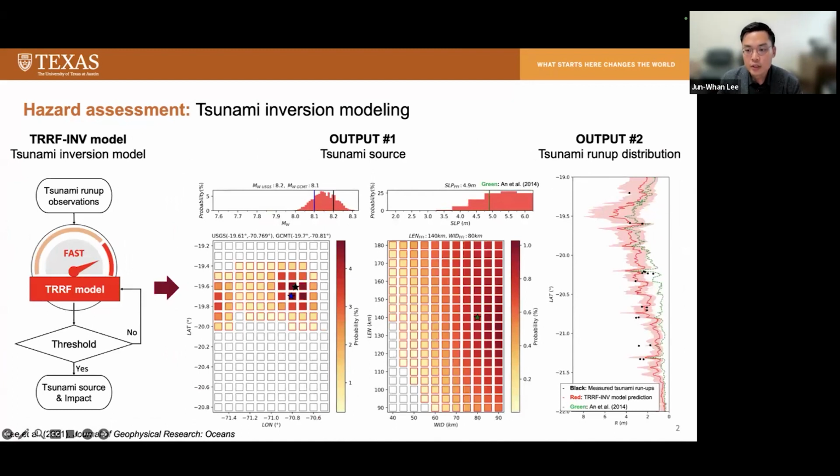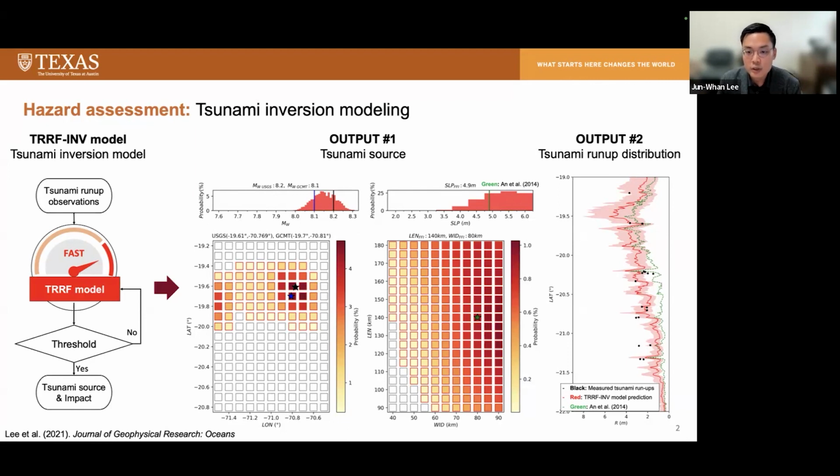In this figure, the red parts, represented in squares or the bar graph, represent the machine learning model prediction. And the black or blue parts, with blue stars or black stars and the straight line in the figure, represent the USGS or the GCMT solution, which were estimated based on the seismic data.